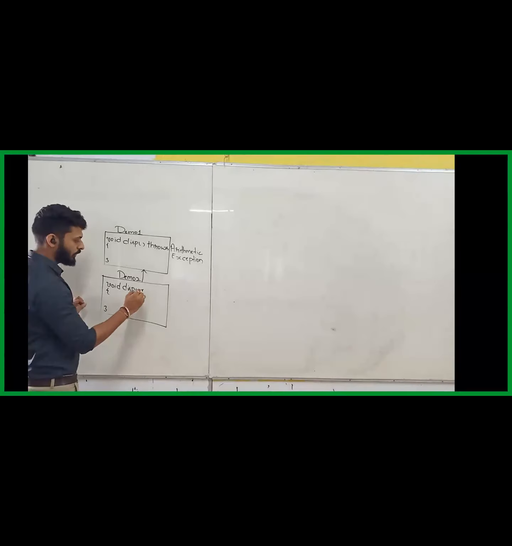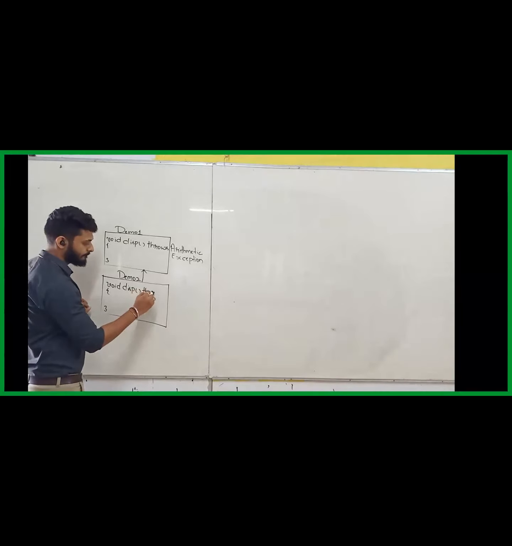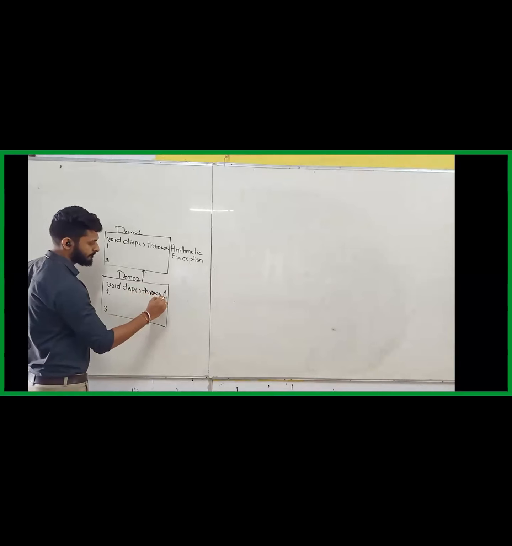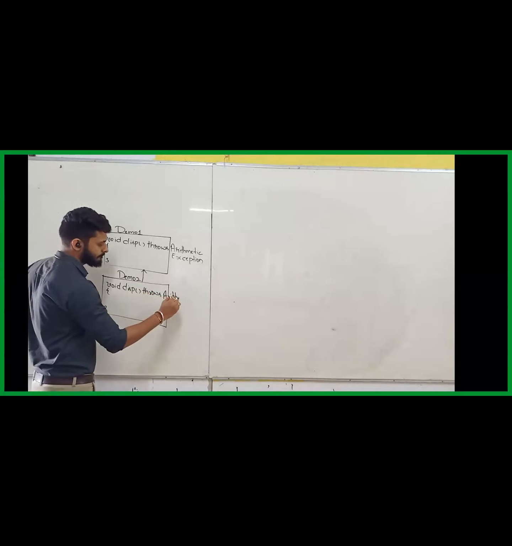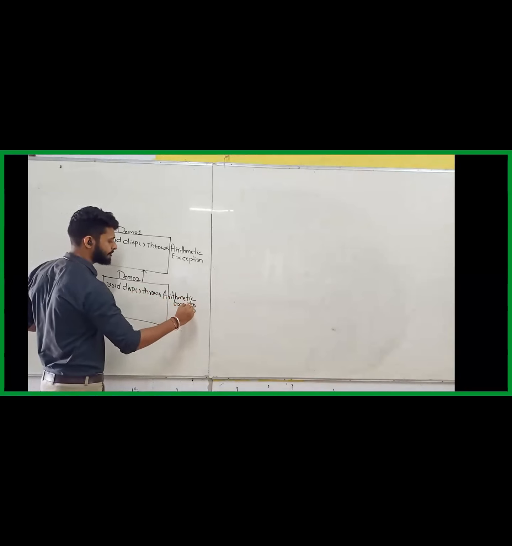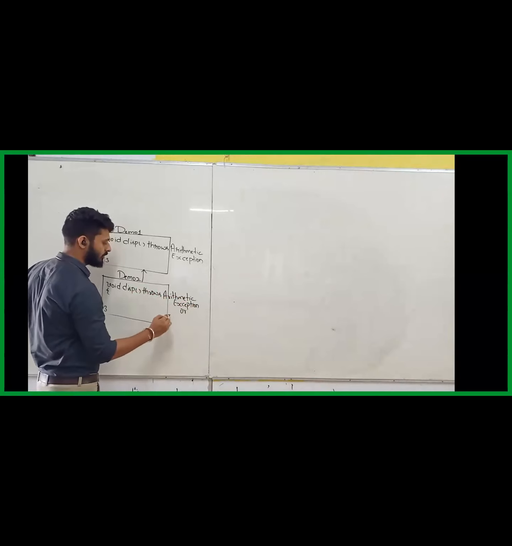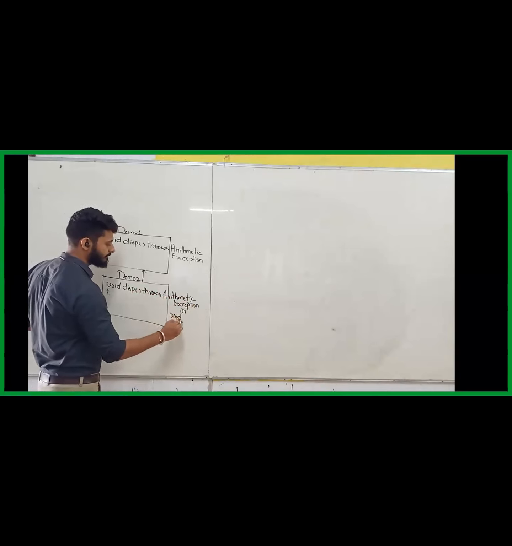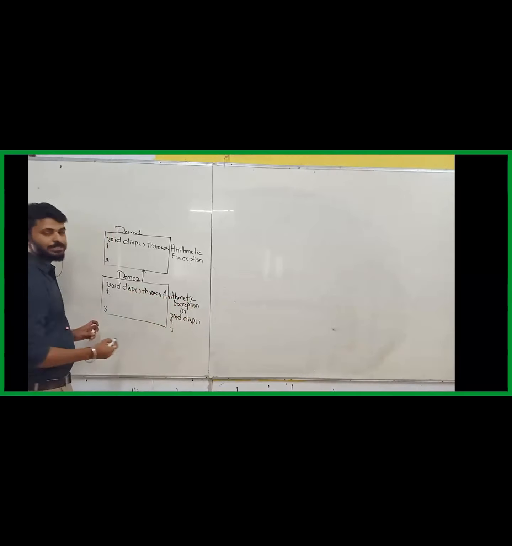As I've already told, there are definitely certain rules that should be followed. What are those rules if you ask me? The very first thing is, here, if you want, you can throw ArithmeticException, or just write nothing.